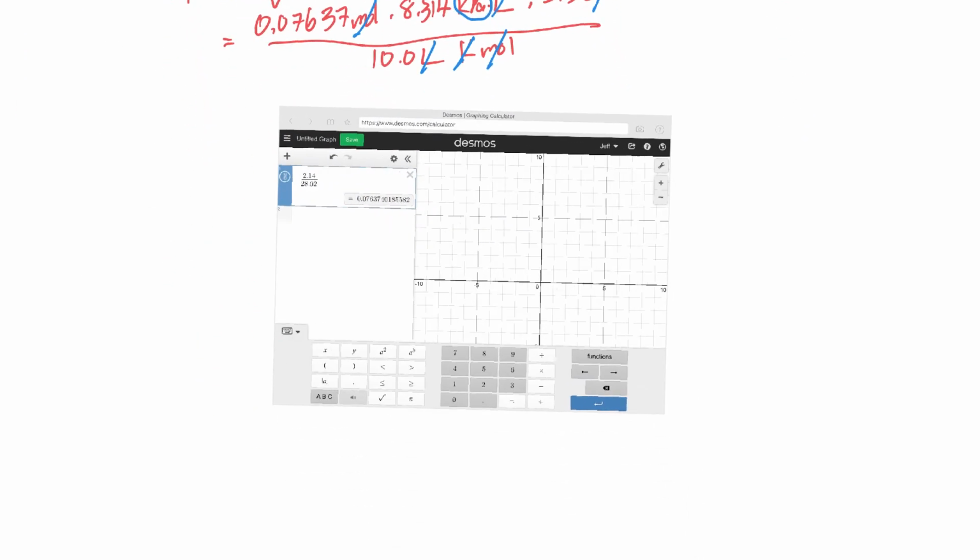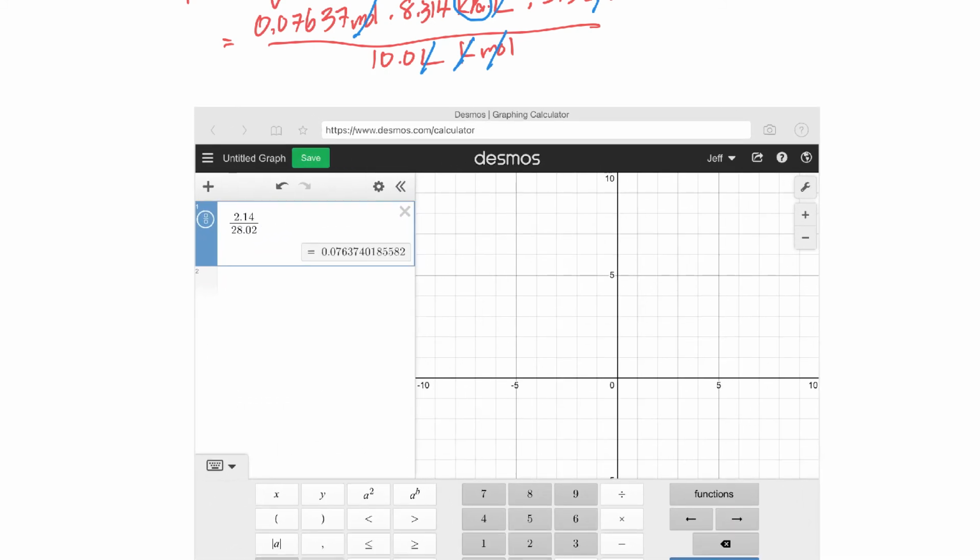Okay, so let's use the calculator to figure that out. That first number I already have. The 2.14 over 28.02 is that number there, so I'm just going to leave that there. I'll multiply that by 8.314, multiply it by 313.2, and then divide that by 10.